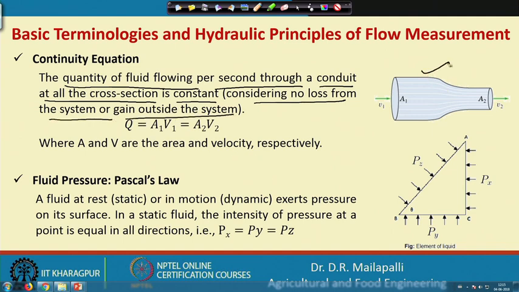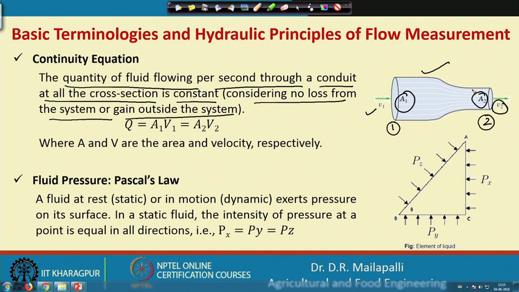Suppose here you have a conduit. Here is section 1 and here is section 2, the 2 sections, and the fluid is flowing with velocity v 1 through section 1 at A 1 cross section, and when leaving section 2 with velocity v 2 at A 2 cross section.